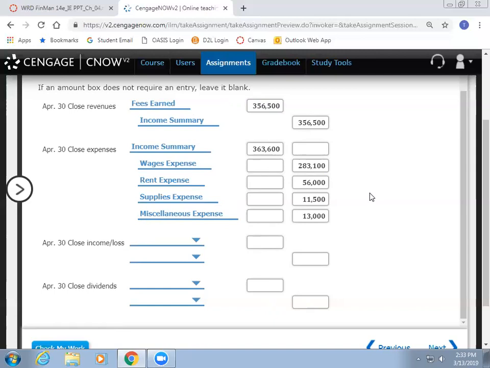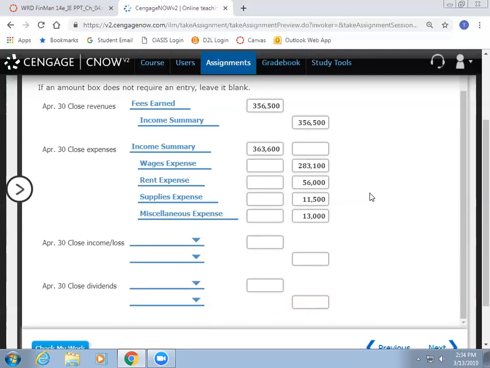So my third journal entry is to close income summary into retained earnings. This is why it's useful to do the T accounts, because I can easily see that income summary has a debit balance. It's a net loss. So to close it, in this case, I'm going to credit income summary to close it out.